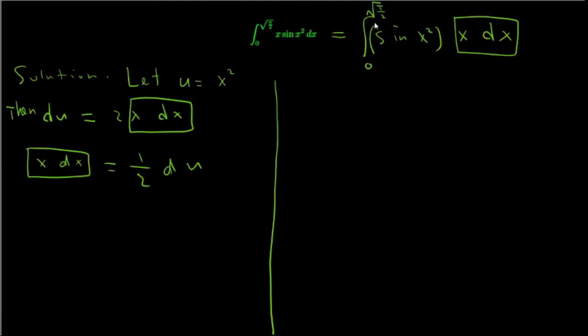To make the meaning clear, it's not essential to do that. In the given integral, I'm going to write x equals 0 in here to mean the lower limit is a value of x. I'm going to write x equals square root of half pi in here to mean the upper limit is a value of x.